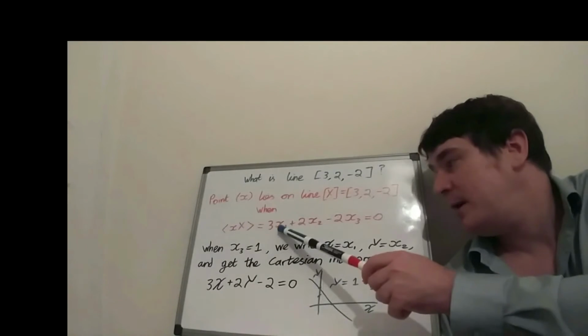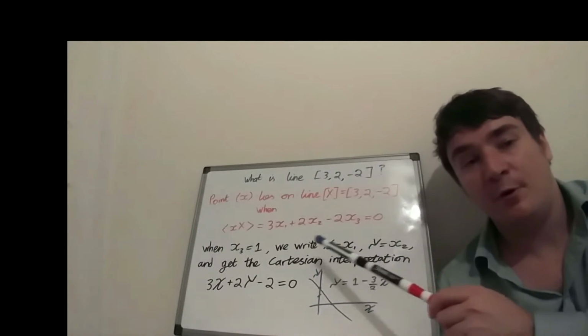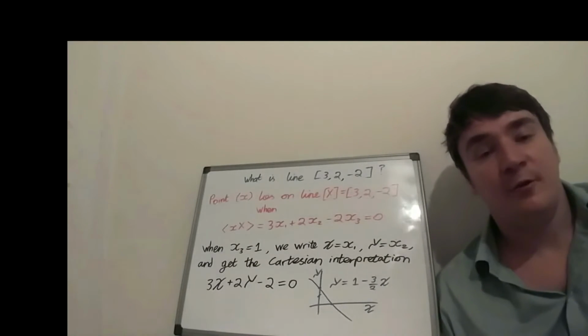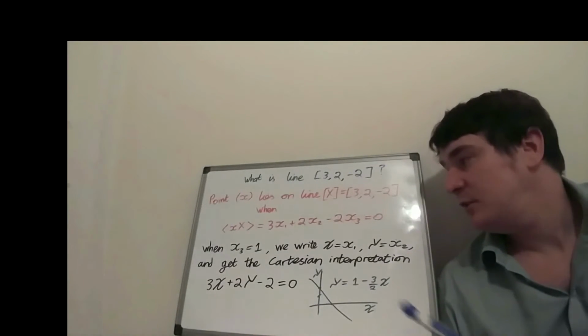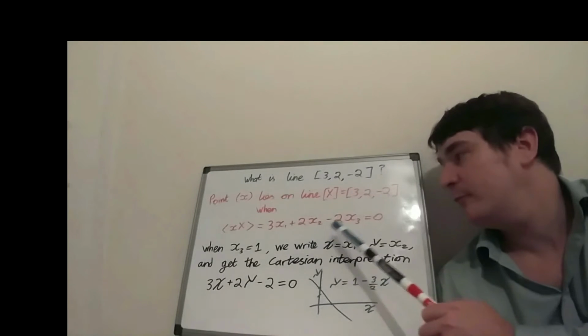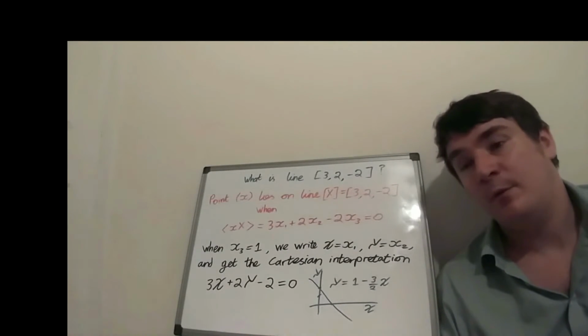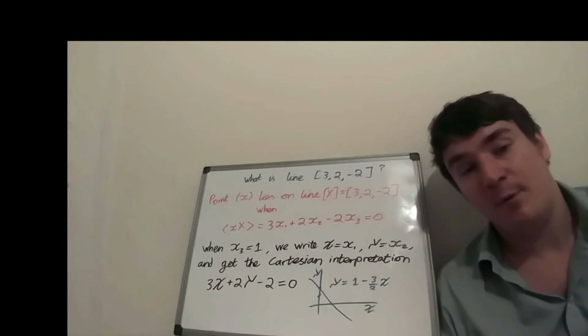So this is the equation which essentially describes all the points which are on this line. Now, how do we interpret this equation? Essentially the equation gives us lots of values x1, x2, x3, which give us homogeneous coordinates of points upon that line.